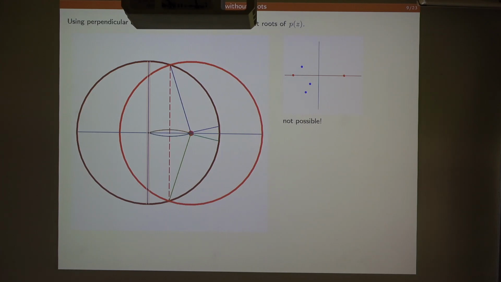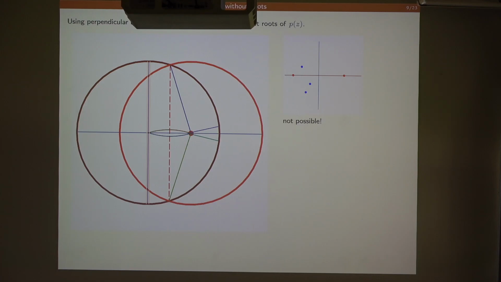circle. Yes. Okay, but in the previous theorem, you didn't have just the center of the red circle, there was also a small ball around it. Yes, there is. I will speak about it in the slides later, because when you have a complex number where the polynomial does not cancel, there exists a ball around this complex number where the polynomial has no root.